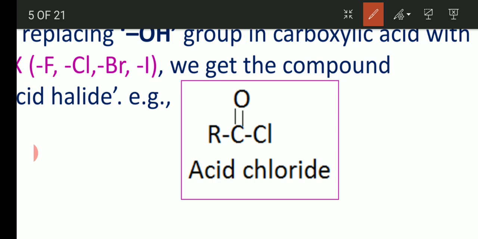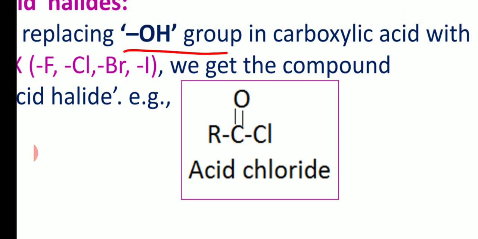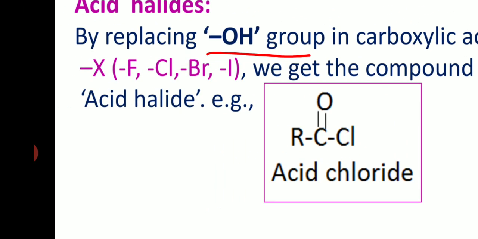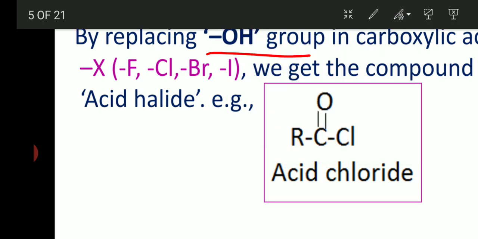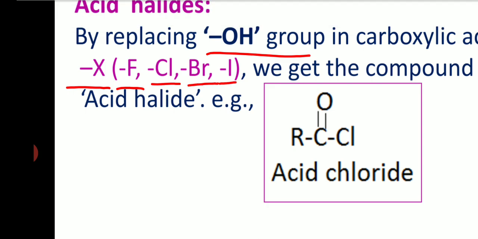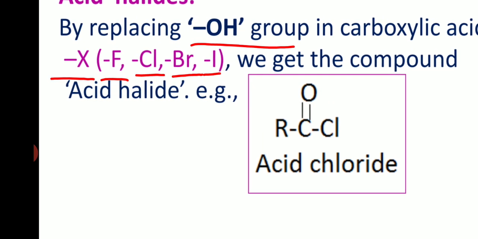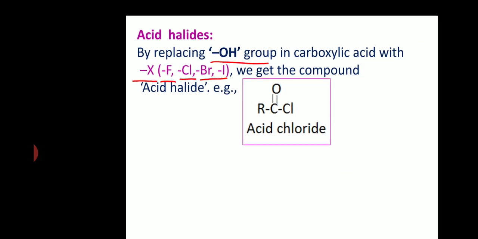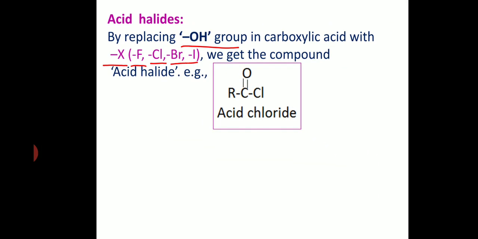In place of the OH group in carboxylic acid, by replacing the OH group with halogen X, that is fluorine, chlorine, bromine, iodine, either one, we get the compound acid halide, RCOCl. Okay, so this is how we get acid halides. This is also one more derivative of carboxylic acid.